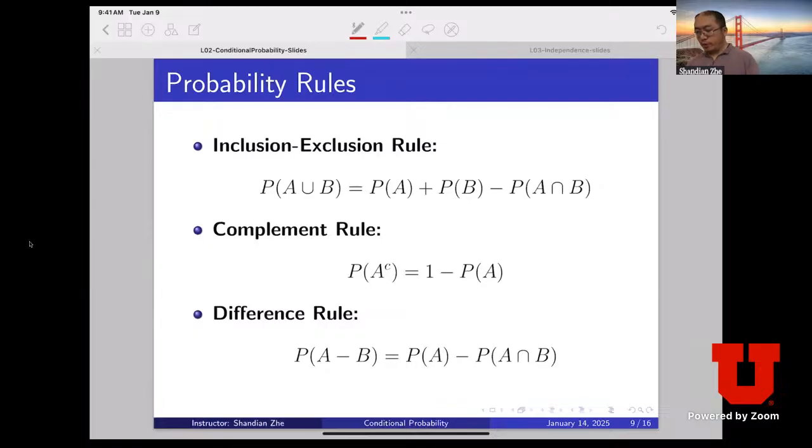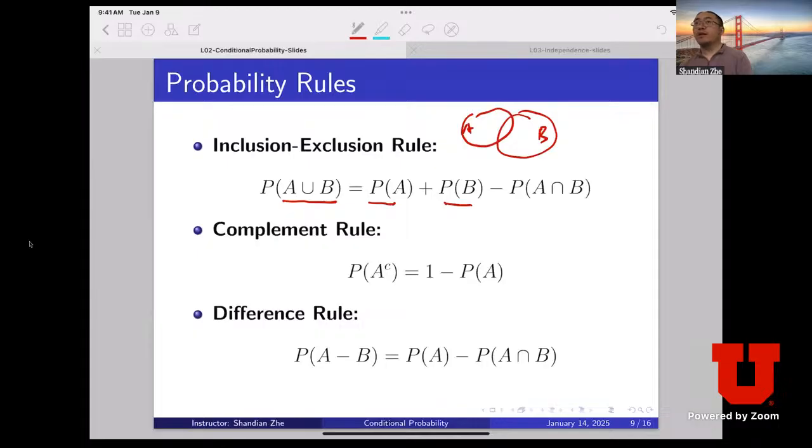The first one is called inclusion-exclusion rule. Suppose you got event A, you got event B. The probability of A union with B is computed by, you just sum up the probability of A and probability of B, but then subtracted by the probability of A intersection with B.